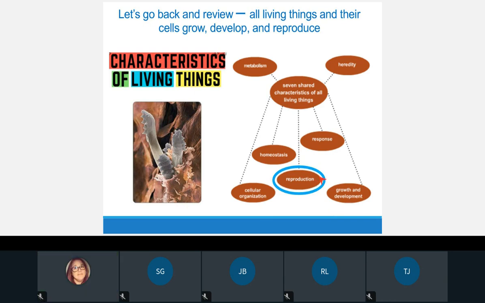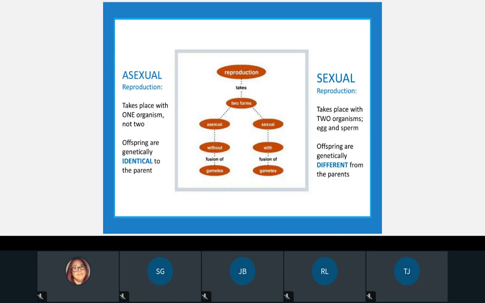And today we're going to talk about this circle right here. Things reproduce. In order for something to be characterized as alive, it has to reproduce. And we're going to look at that specifically today.